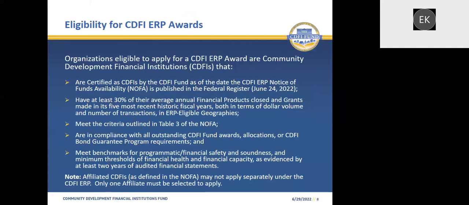They must meet the criteria outlined in Table 3 of the NOFA, be in compliance with all outstanding CDFI Fund awards, allocations, or CDFI Bond Guarantee Program requirements, and meet benchmarks for programmatic and financial safety and soundness and minimum thresholds of financial health and financial capacity, as evidenced by at least 2 years of audited financial statements.